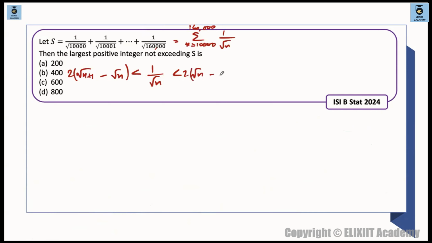In this step only, I'm multiplying by 2 over here. This remains the same thing. And then we'll take the summation over here. The summation starts from 10,000, so we'll take the summation from 10,000 to 1,60,000. That's all. We'll simply try to modify this thing. Again, all sorts of telescoping series will be there.